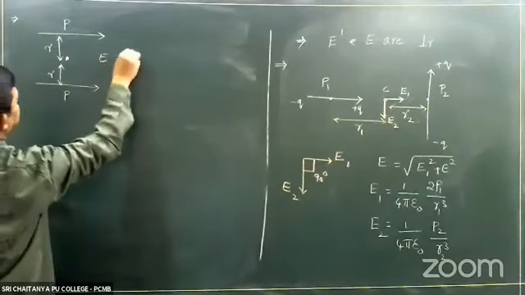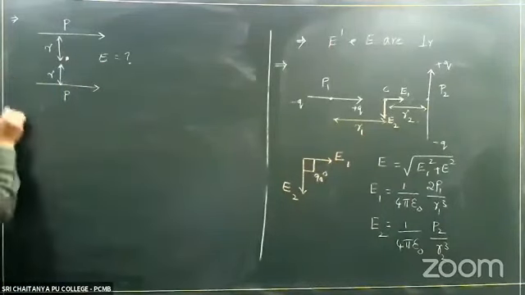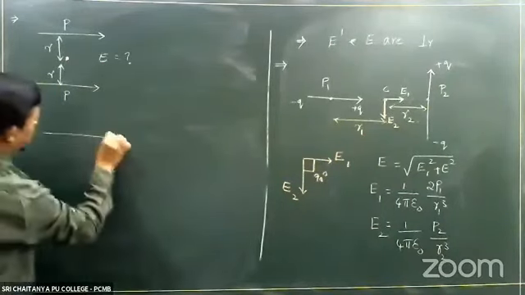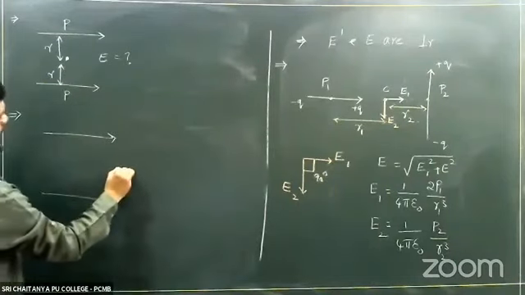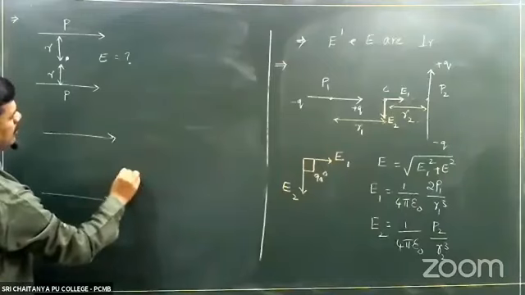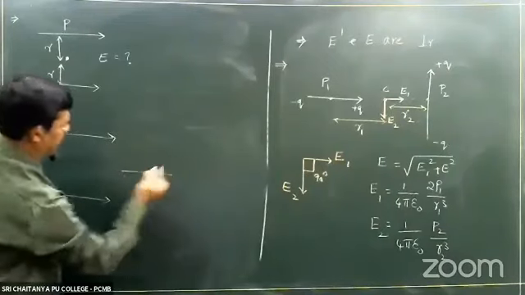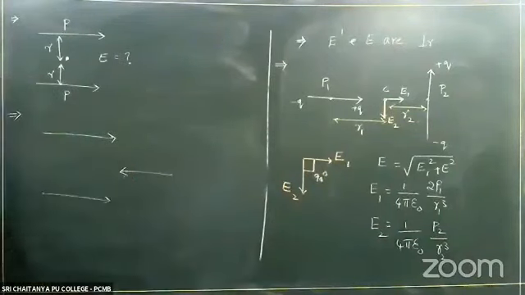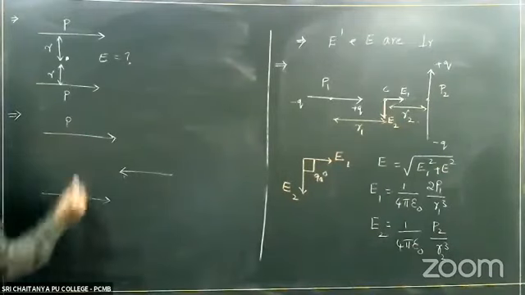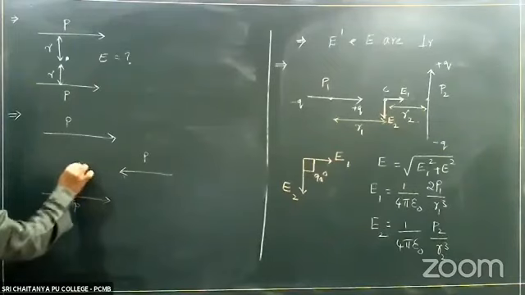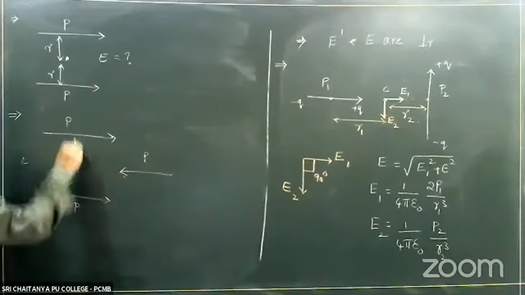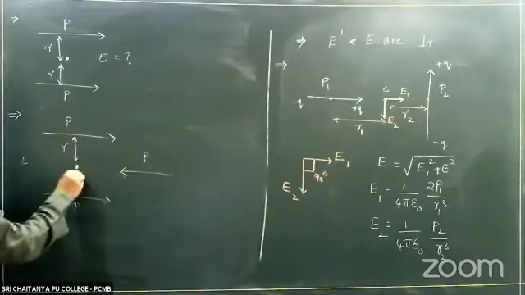Second, this is one dipole, another dipole, and another dipole. The dipole moments are the same. At this point, what is the intensity? Let all be at the same distance.